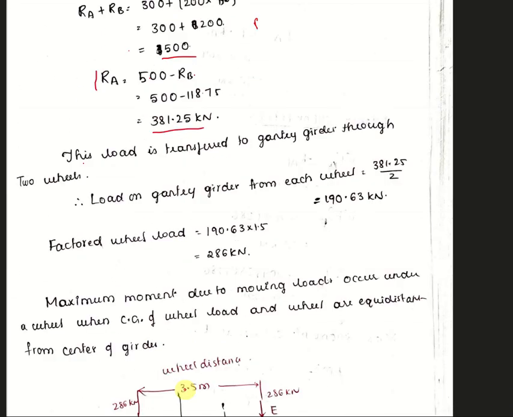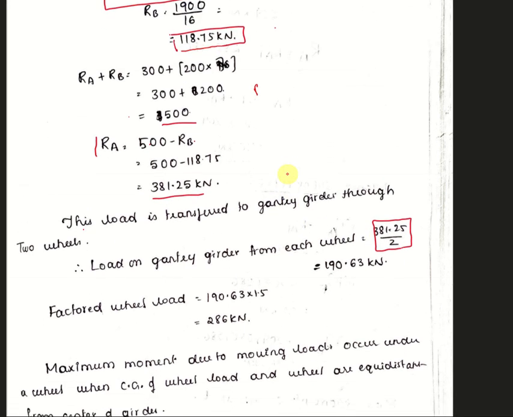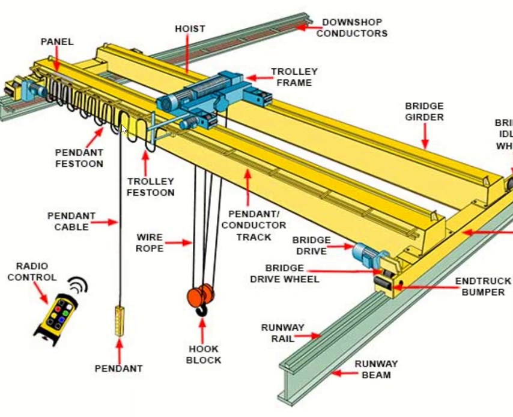This load is transferred to the gantry girder through two wheels. So the load on the gantry girder from each wheel is 381.25 by 2. This load will be shared by not only one part. This reaction has two wheels. As I have shown you, the wheels are 3.5 meters apart. This wheel is sharing some load, this wheel is sharing some load.